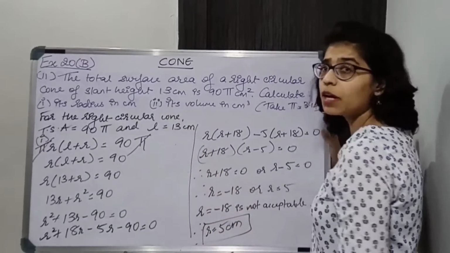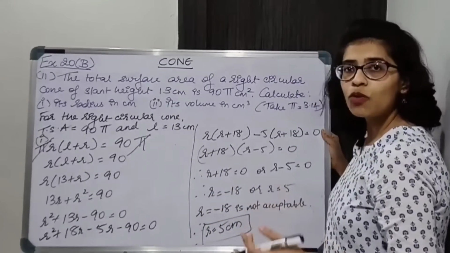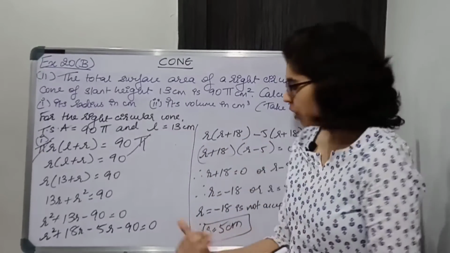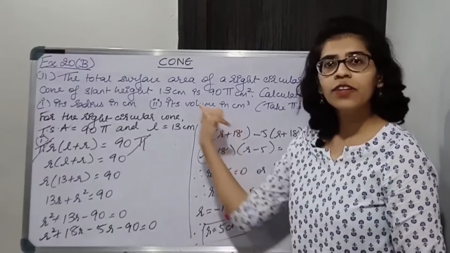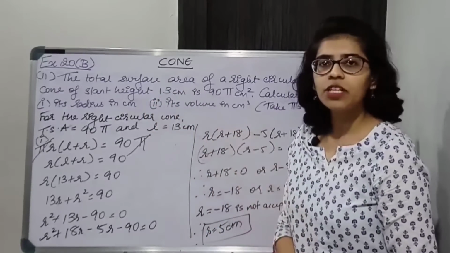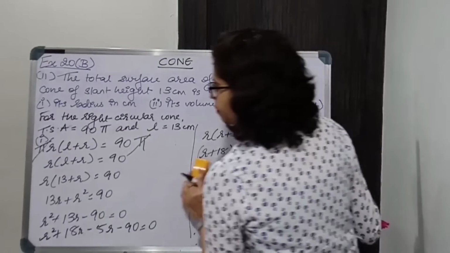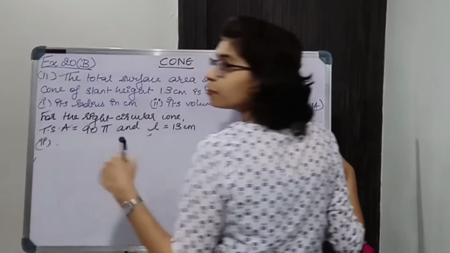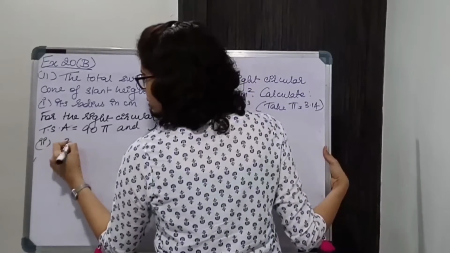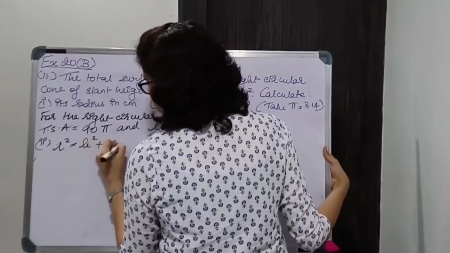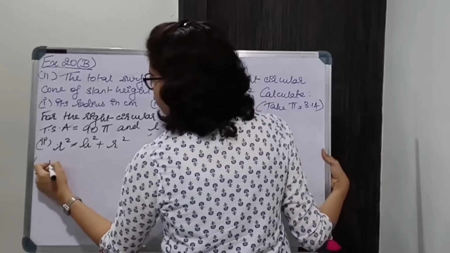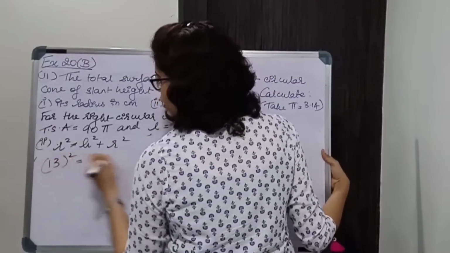Coming to the second part, that is volume. Now for volume, we need H. We know R, we have slant height, that is 13 centimeter. We can easily find H, okay? For the second part, we need to find H first. So L square is equal to H square plus R square. L square we know, 13 square.